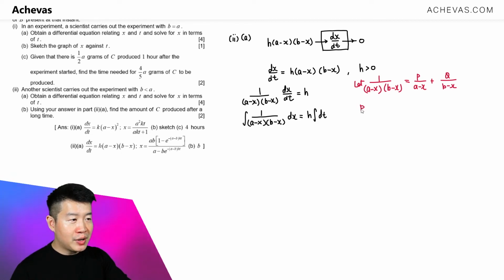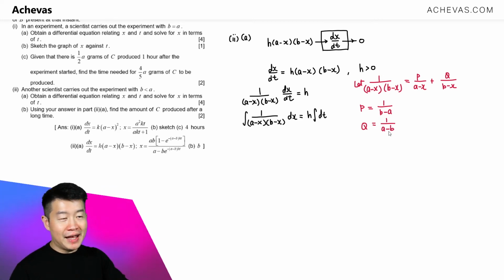And to solve this partial fraction quickly, I'm going to make use of the cover-up rule, which I did mention in the Achevas TV theory outline. So to find p, we will be covering up a minus x, and I'll be letting this x here be equal to a. So it is going to be 1 over (b minus a). And as for q, I will be covering up b minus x, and I'll be letting this x here be equal to b. So I have a 1 over (a minus b).